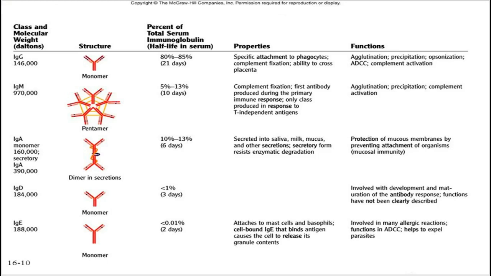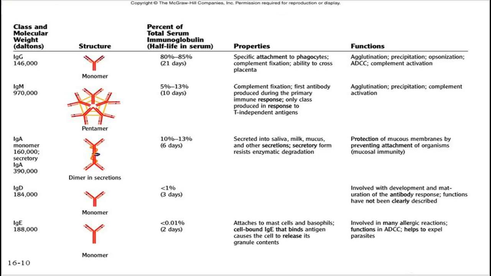It's also involved in complement fixation. It is, I think, the only antibody that is able to cross the placenta. So IgG results in temporary immunity in the newborn.